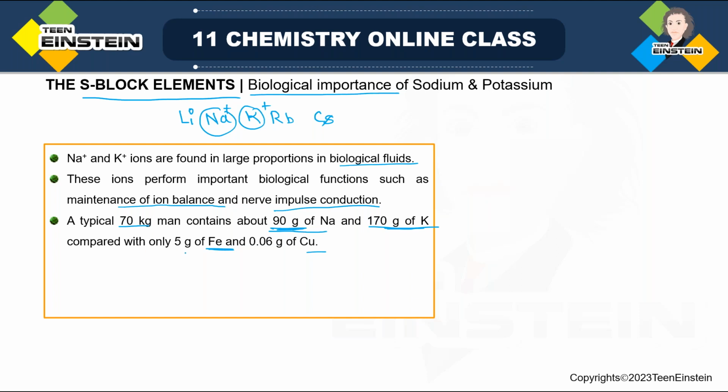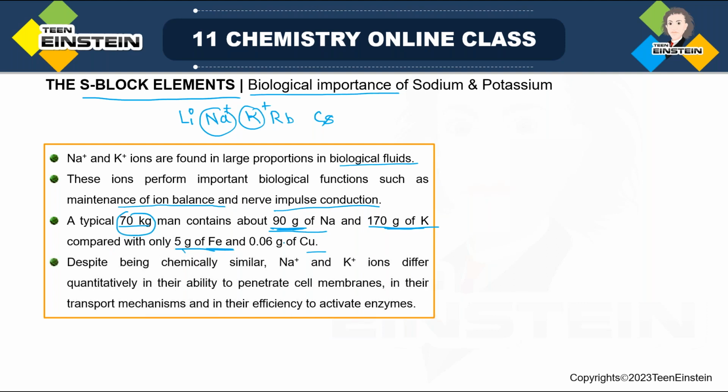But keeping the 70 kg man fixed, the requirement for iron and copper is 5 gram and 0.06 gram. Just compare now with sodium and potassium. It is really a very large number, compared to 5 and 0.06, we now have 90 and 170.